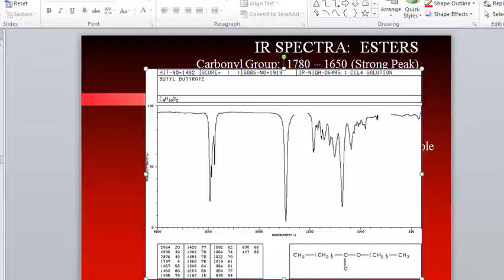And then over here between 1000 to 1300, about 1050 or 1100, I see a peak that's there. And then at around 1200, I see a bigger peak. And then around 1250, I see another one.